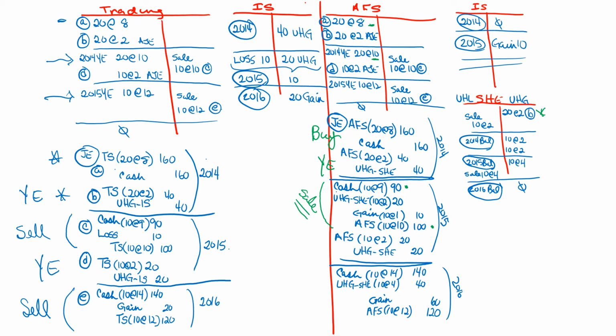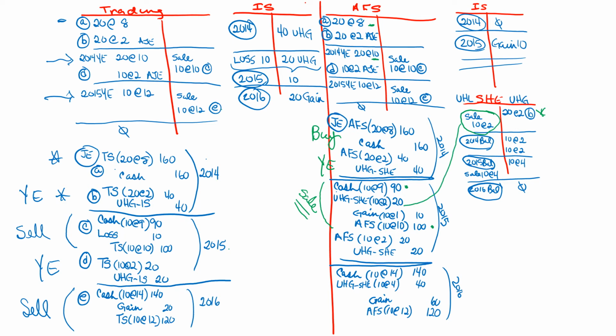But what we have to do is also get rid of the unrealized holding gain that's associated with these 10 shares that we're selling. So we have to back out the $2 for those 10 shares that we previously parked in shareholders' equity. And that's where this comes from.